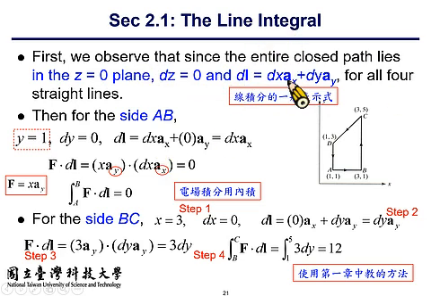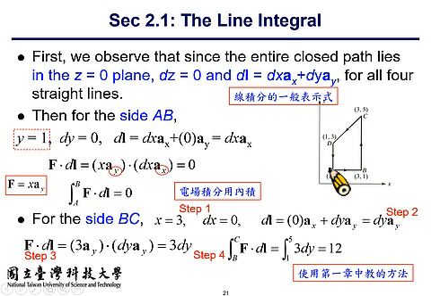Because we are doing the line integral on the xy plane, z equals 0 at all times, so dz equals 0, then the general form for the differential line dl can be simplified as dx plus dy. And they are 4 straight lines, so we carry out the integral one by one. First is side AB.